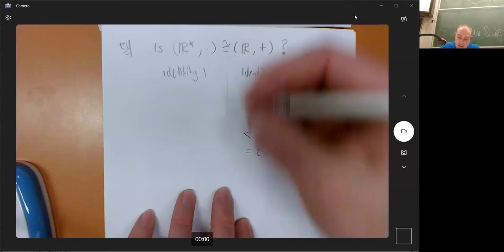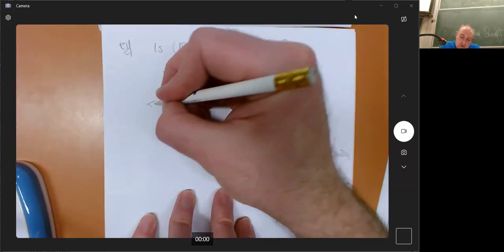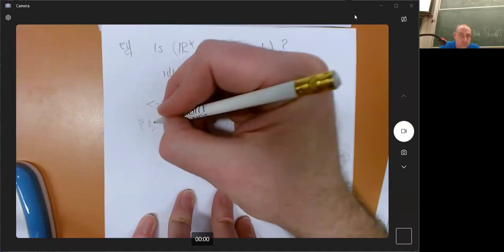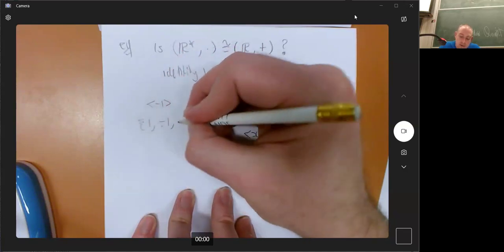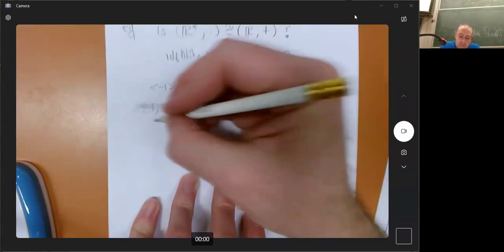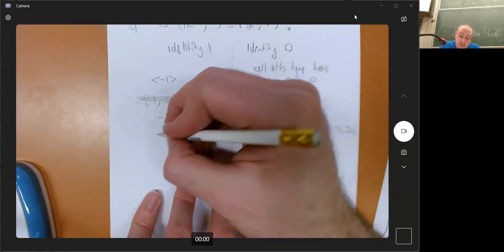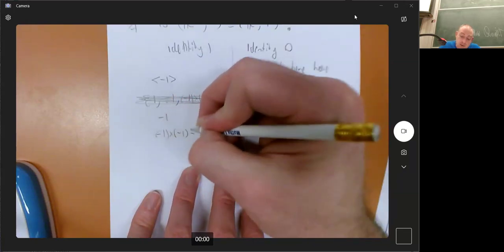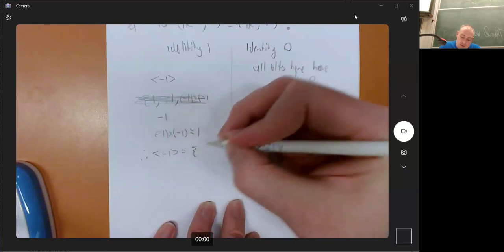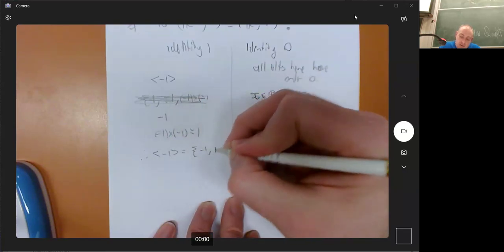Whereas over here, the subgroup generated by -1 has 1 and -1 and -1 times -1. So there's -1, and -1 times -1 is 1. And so therefore the subgroup generated by -1 contains -1 and 1.